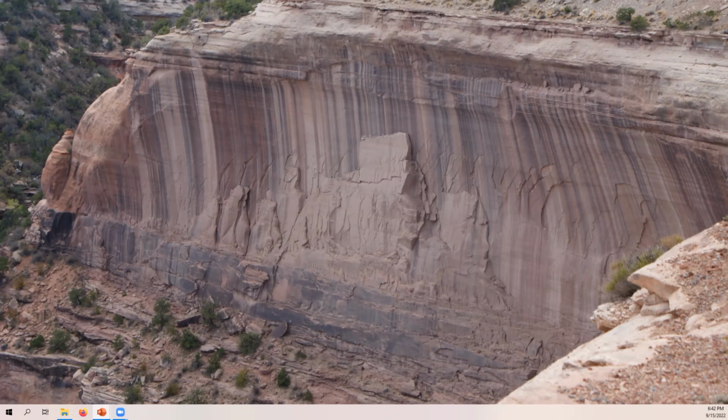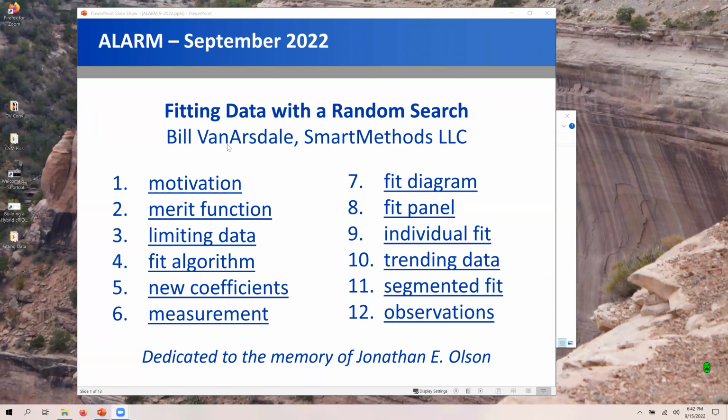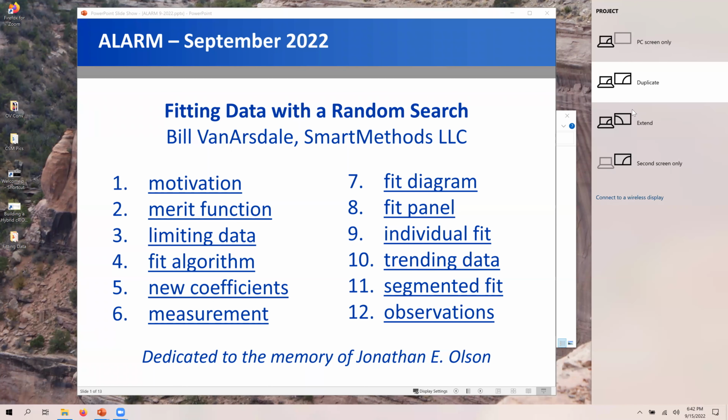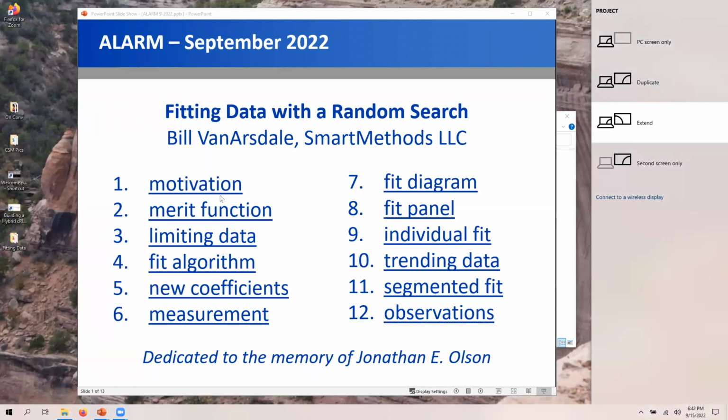Drag it to that screen. Okay, I can size that down.